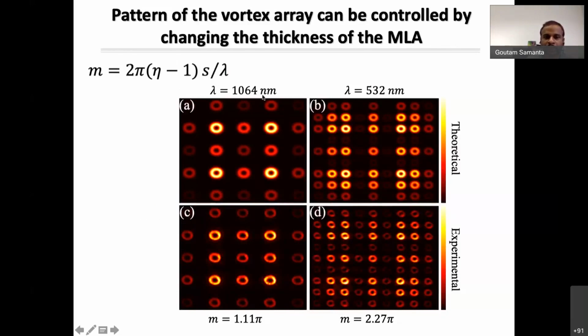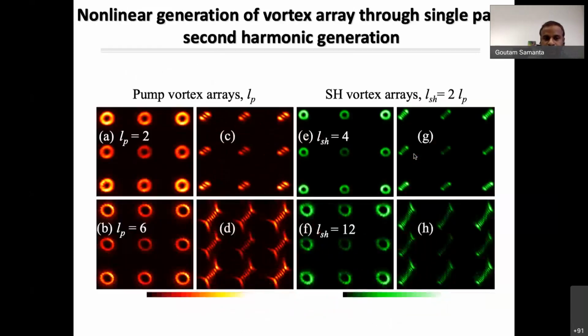When you use 1064 nanometer, you can see 4 strong lobes and some lower intensity small vortices. But when you use 532 nanometer, the patterns are very different from what we have seen previously. In this way, by changing the wavelength or the refractive index of the micro lens, we can produce any desired pattern of the beam.